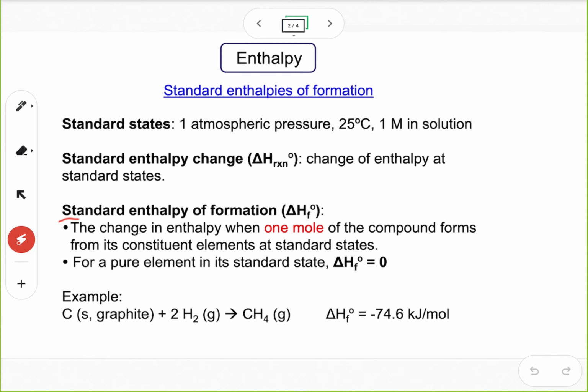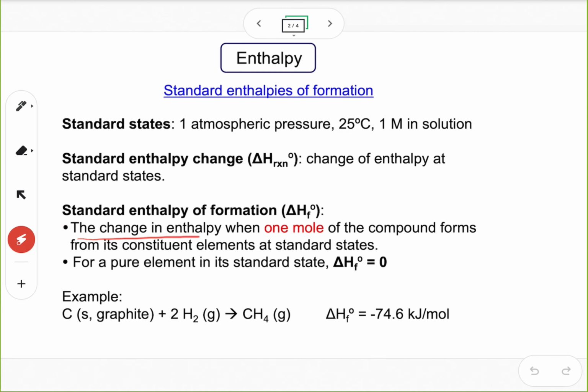Now the third one, standard enthalpy of formation. We use delta HF0 to represent this term. F represents formation, and this tiny circle here represents the standard states. All right. Now let's take a look at the details of the standard enthalpy of formation.